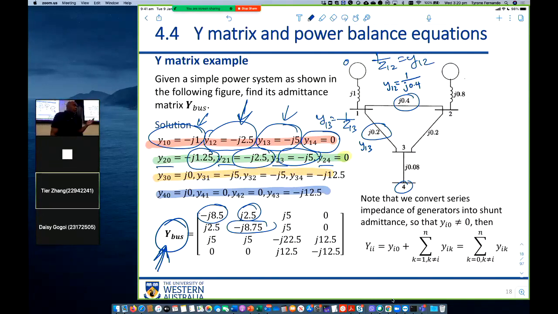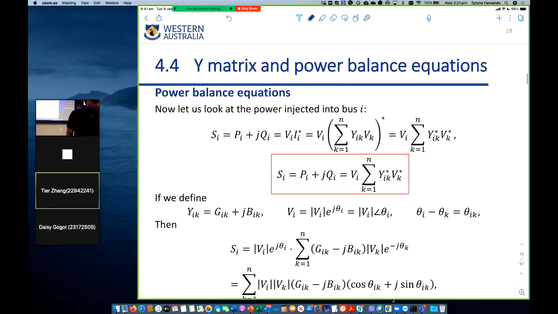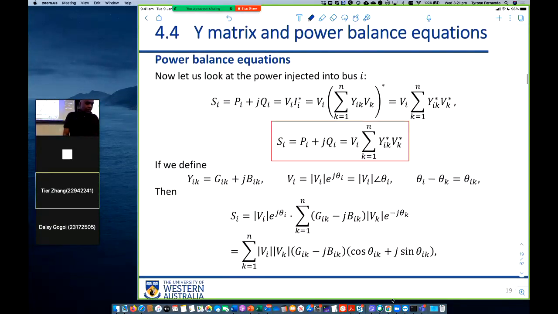So the point I'm trying to make is that if you know the network structure and the impedance values of the lines connecting the different bus bars, you can compute the admittance matrix Y, which is also called Y bus. Okay, so that's all this slide is trying to tell. So that's straightforward.